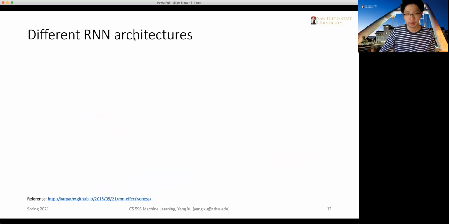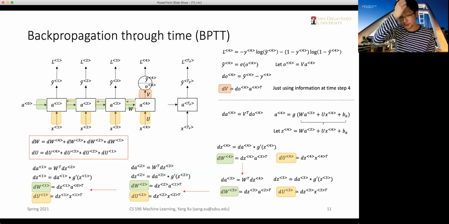One thing about this is that in an actual implementation of a recurrent neural network, we don't need to do the backpropagation manually, because just like a convolutional layer and a linear layer in PyTorch or other frameworks, the backpropagation is taken care of automatically by the computational graph mechanism.